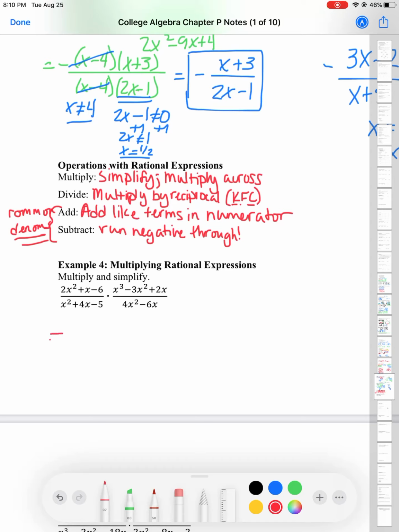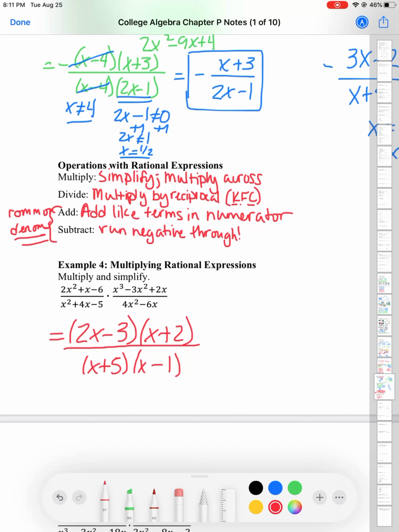So, in this problem, I need to factor every single piece, both my numerators and both my denominators. My first numerator ends up factoring like this after I use the AC method. My first denominator ends up factoring like x plus 5 times x minus 1 after I use the X method.